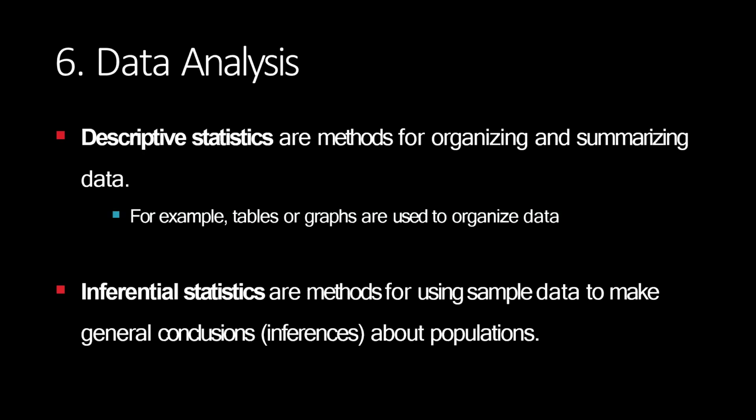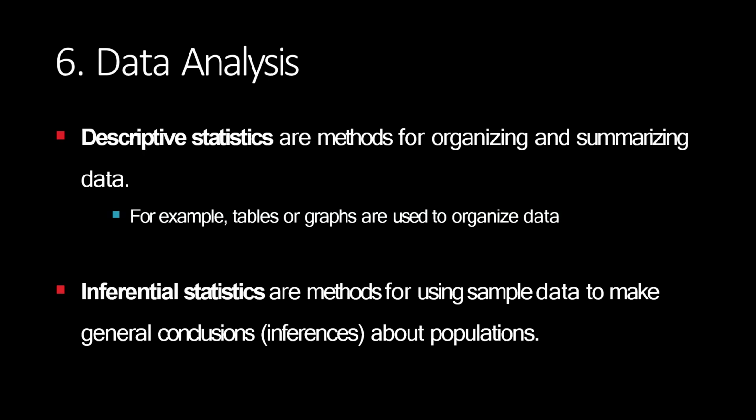There is another way, which is inferential statistics. This is for using sample data to make general conclusions about populations or about any trends. Here you're not taking the whole population; you're just using a sample from the population.